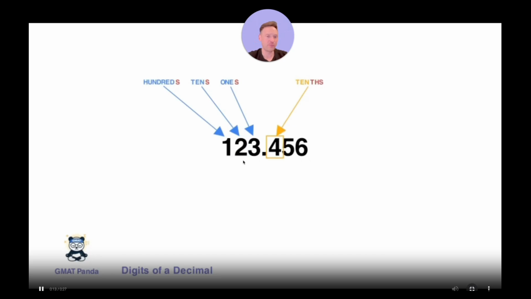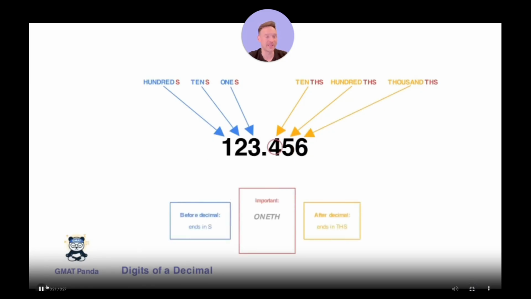Now, if we look at the digits in front of the dot, so to the left of the dot, or another way of saying that is the ones part of the whole number, well, they all end in S. Okay, so this is the hundreds digit, this is the tens digit, and this is the ones digit. Sometimes we call this the units digit as well.